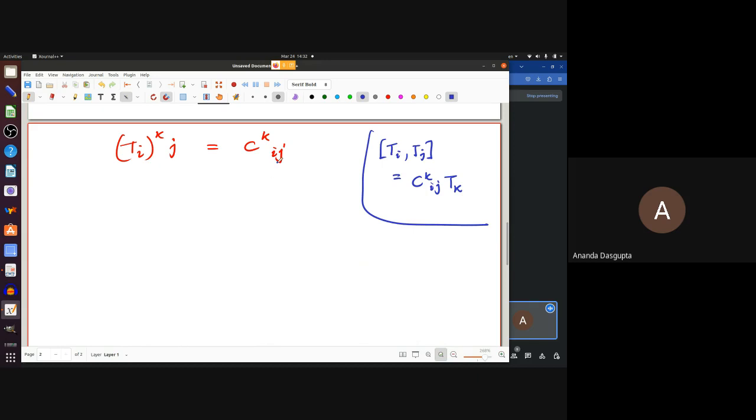Now, just in case somebody gave you these matrices T1, T2, T3 in terms of the structure constants, and did not give you how they were arrived at, of course, you would then have to still check that this is true. You do realize that the approach that we have taken guarantees that TiTj's commutator should be CkijTk, right? But let's say we didn't realize that. Let's say we want to check. How would I check?